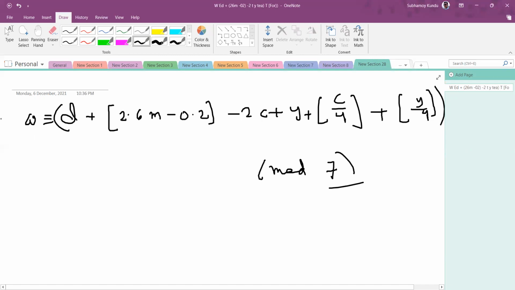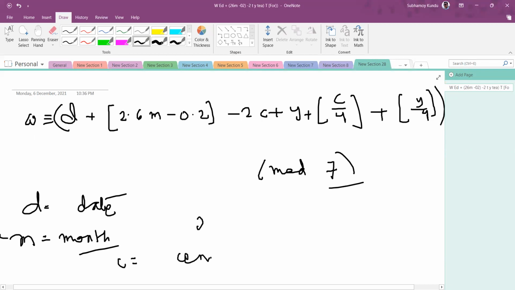Here d is the date we are looking for, m is the month we are looking for, c is the corresponding century, and y is the year, which should be from 0 to 99.